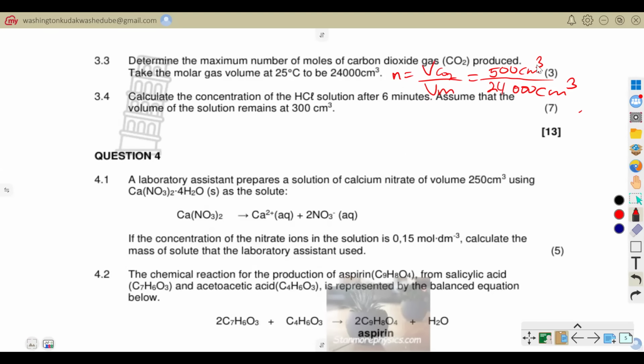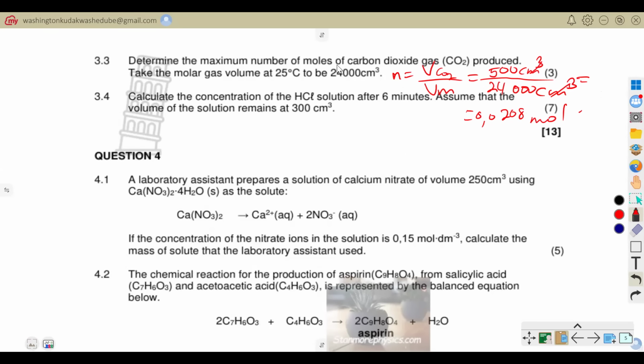They have the same units. So the number of moles is simply this ratio, 500 divided by 24,000 cubic centimeters per mole. If you do that, the number of moles you find is 0.0208 moles.